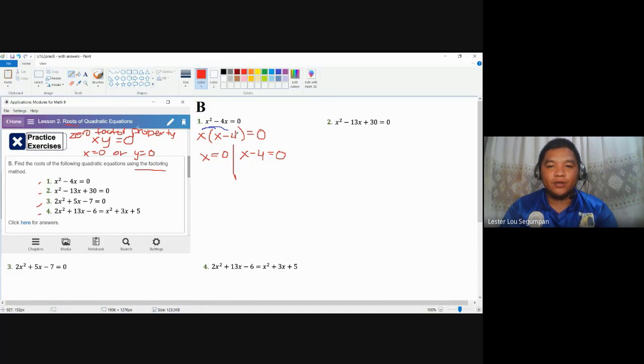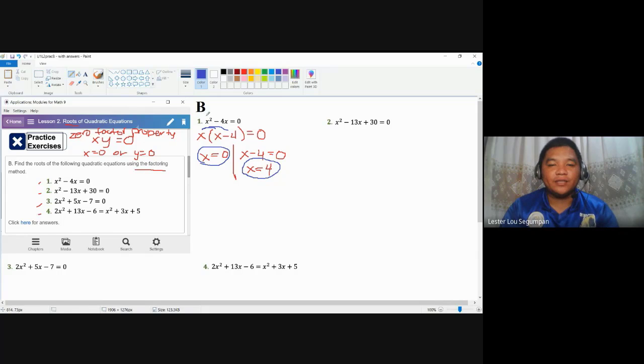I'm just going to use a bar here to separate the two expressions, and then we solve for x. The first one is already in terms of x, so no need. So that's one possible solution. For the second, add 4 to both sides. So the other root is positive 4. So these are now the roots of this quadratic equation.